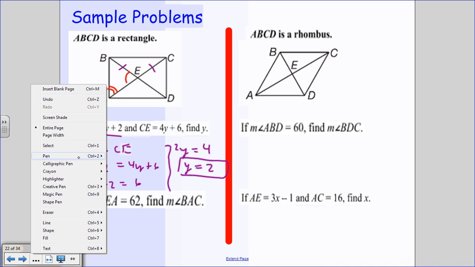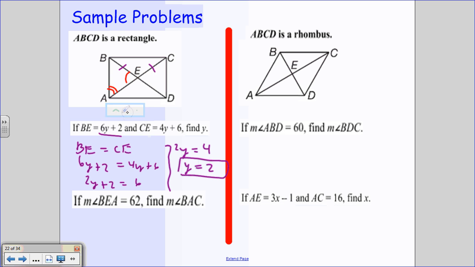Well, we have a triangle where it's an isosceles triangle where the top angle, the vertex angle, is 62.